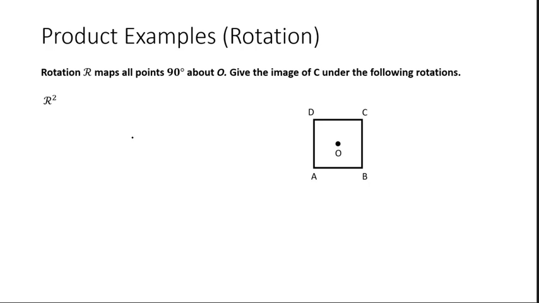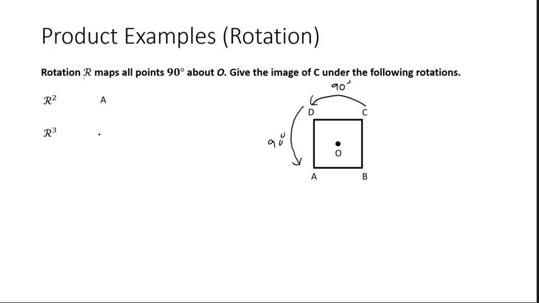So the question is, where would this mapping go to? r to the first power would take you 90 degrees, from C over to D. That's a 90-degree rotation. Well, r squared means we have to go another 90 degrees, which takes you down here to point A. So that mapping would take you from point C over to point A.